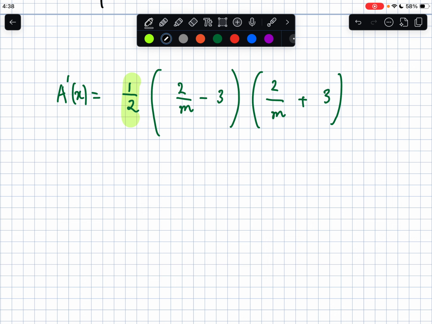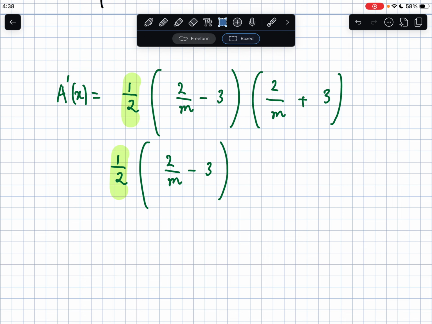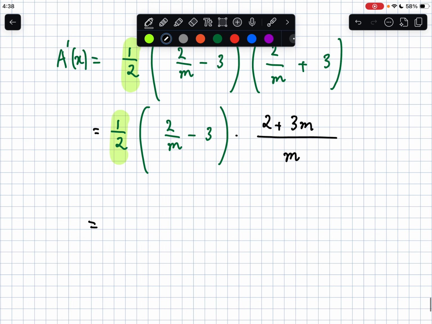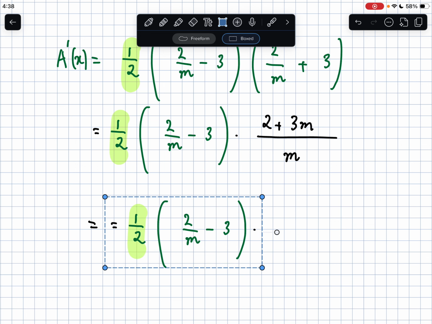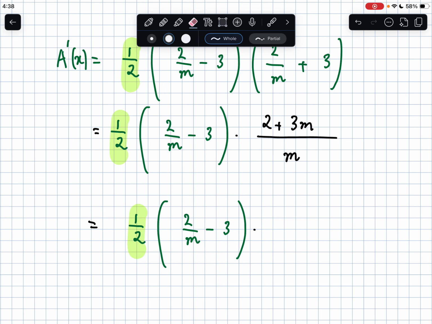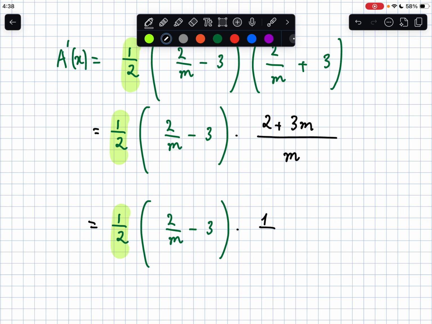Let me rewrite it: equal to this times m, with 2 plus 3m up there. M is negative, we know the sign of that, so I can take it out too.